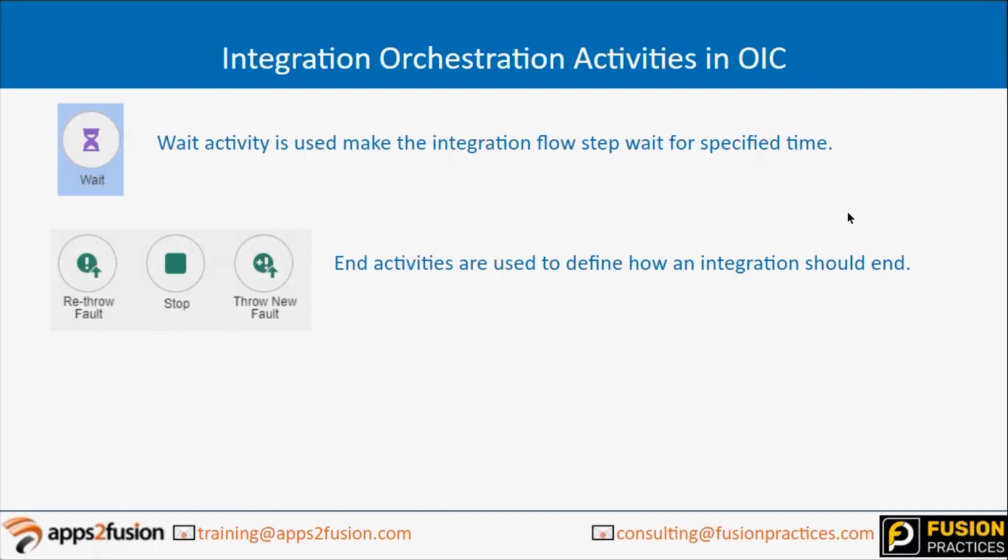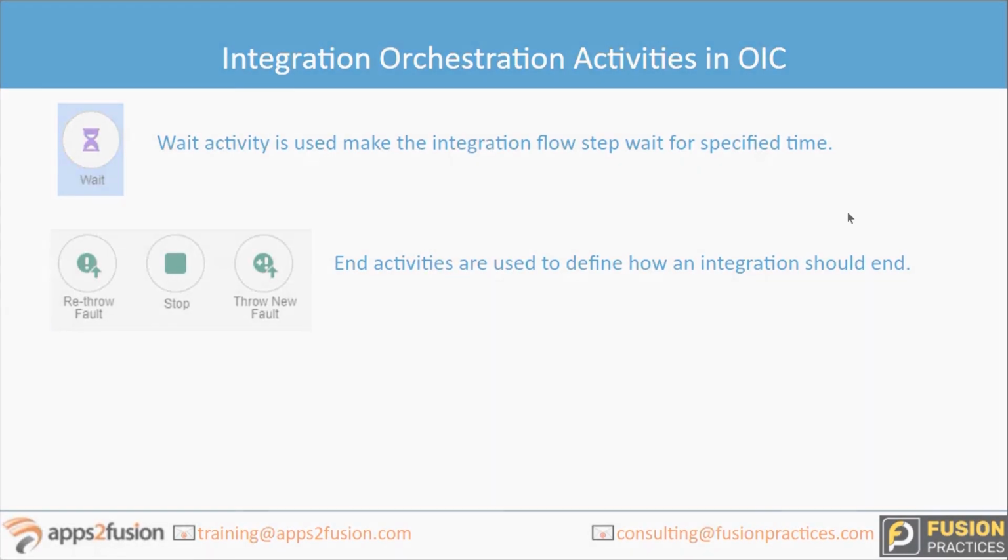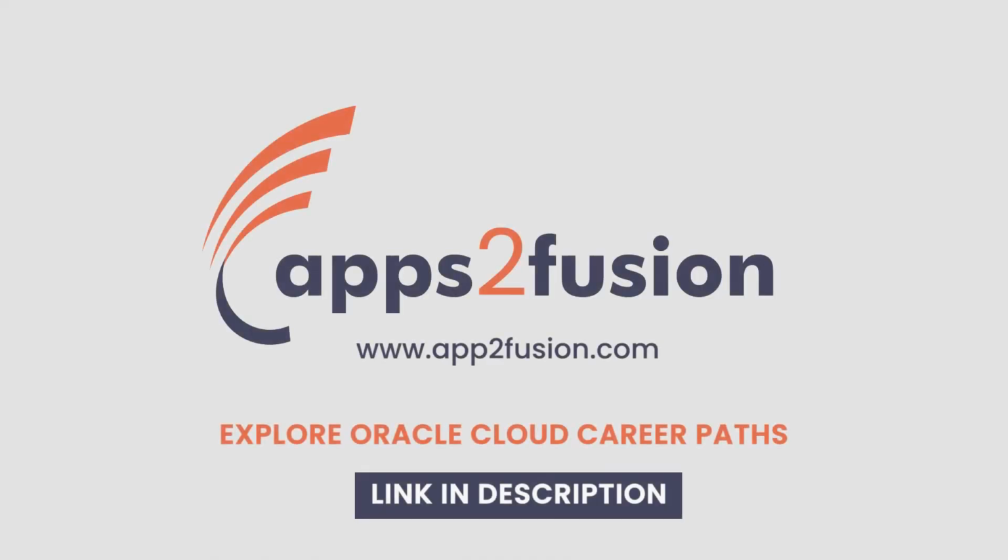When you're designing the error handler inside your integration, such as a fault handler or global handler, you can use these rethrow fault and throw new fault activities. If you want to just stop the integration, you can go ahead and use the stop button.